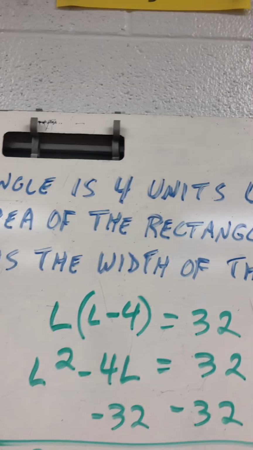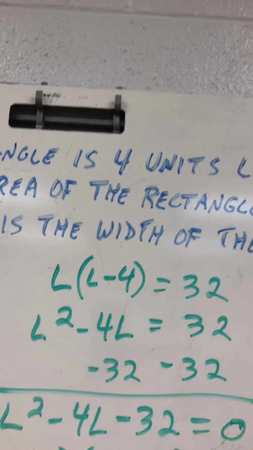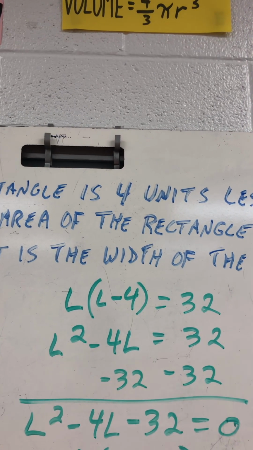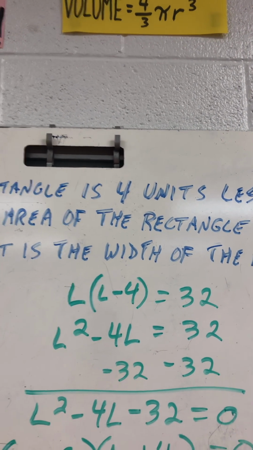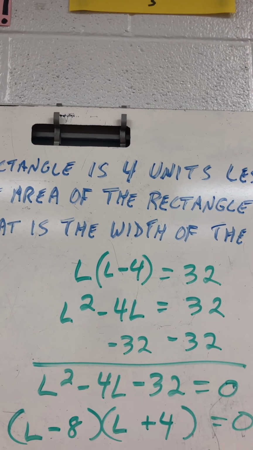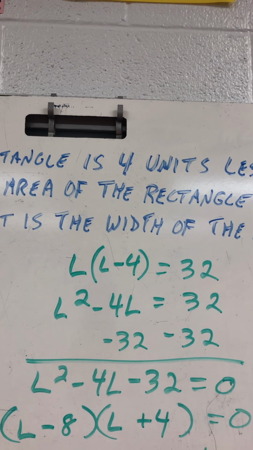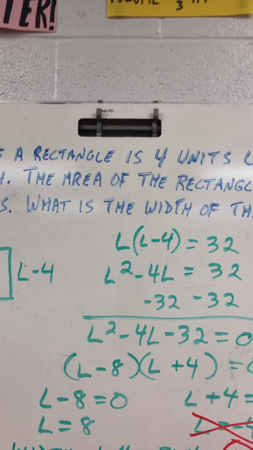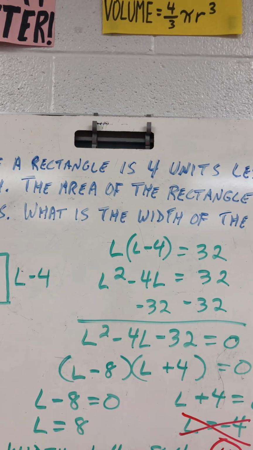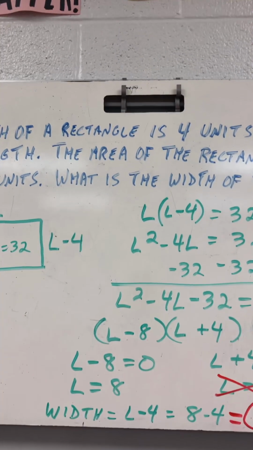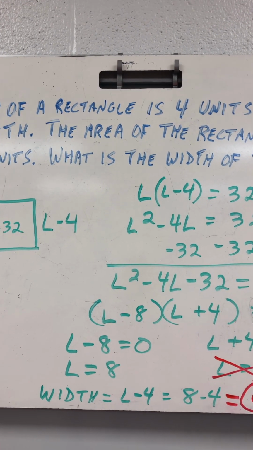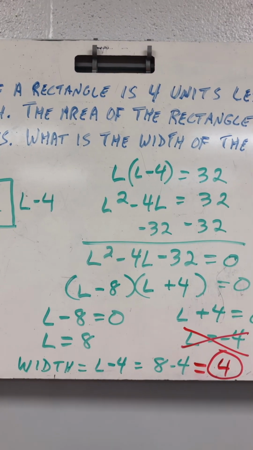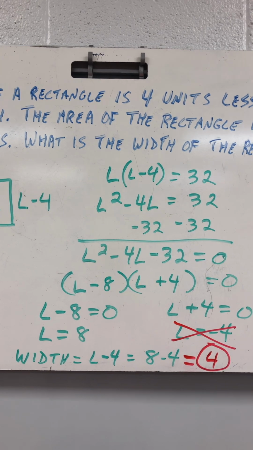I'm going to minus 32 from both sides. L squared minus 4L minus 32 equals 0. L minus 8 times L plus 4 equals 0. You get L equals 8 and negative 4. Get rid of the negative answer. The width is L minus 4, or 8 minus 4, which equals 4.